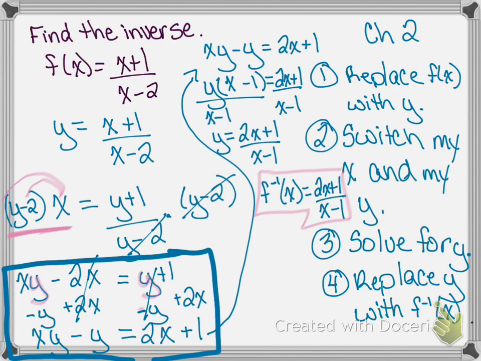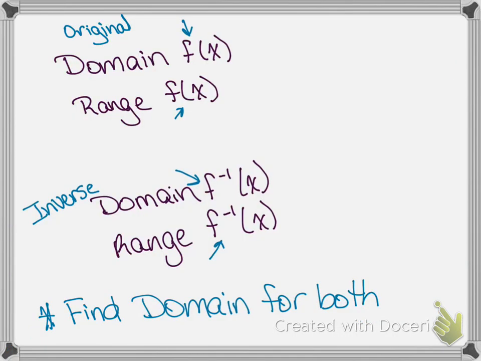Where can we not have a 0? The denominator. So for my original function, x minus 1 cannot, was it x minus 1 or x minus 2? x minus 2.